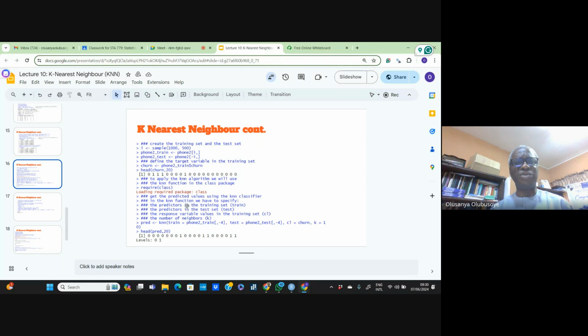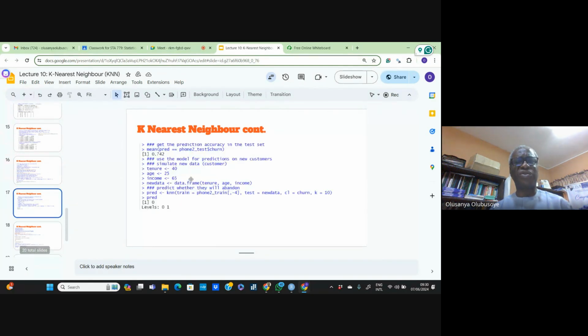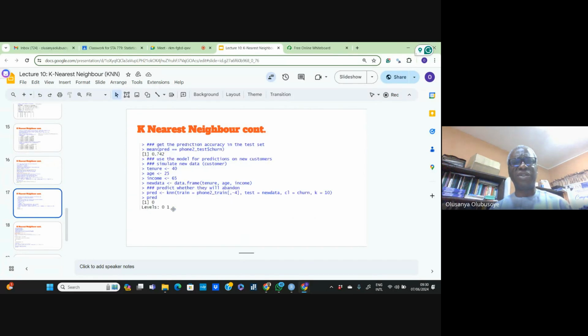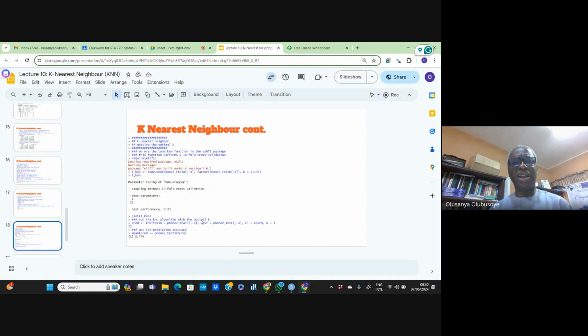So I leave this to you to go through, and then you'll be able to look at measures of accuracy. This is one measure. This is able to predict 74% of cases, and so on and so forth.